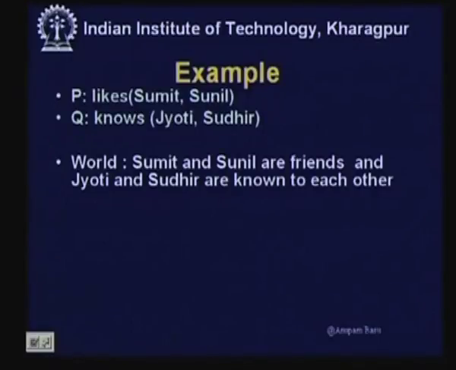Then what will happen? Sumit and Sunil are friends and obviously friends like each other. So, this one will evaluate to true, and Jyoti and Sudhir are also known to each other. So, this is also true in that world. But it might be that Geeta and Sudhir do not know each other. So, the proposition knows Geeta Sudhir will evaluate to false, but knows Jyoti Sudhir evaluates to true.